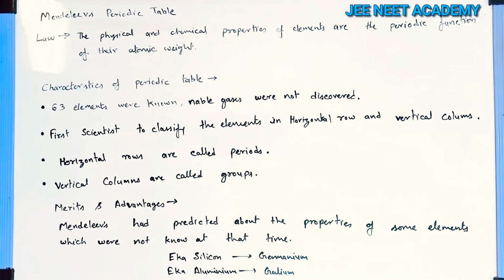So with the help of Mendeleev's periodic table, we got to know the properties before the discovery of germanium, gallium and scandium. And Mendeleev corrected the atomic weight of some elements which were wrongly calculated before. So this is the first merit.